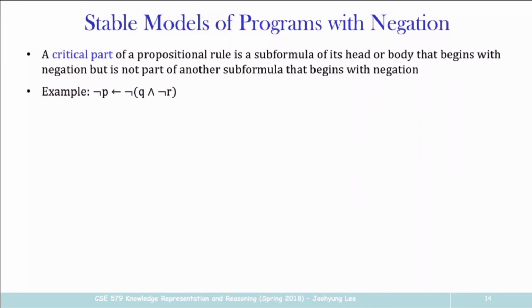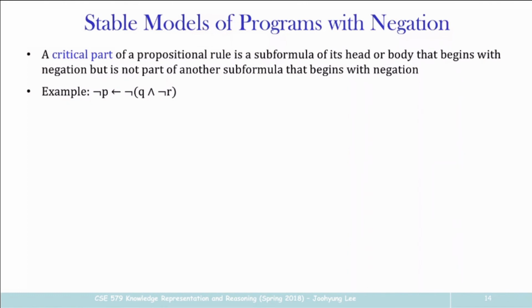The formal definition of the so-called critical part is a sub-formula that begins with negation, but is not part of another sub-formula that begins with negation. In other words, we are looking at the maximal occurrence of negated formula.